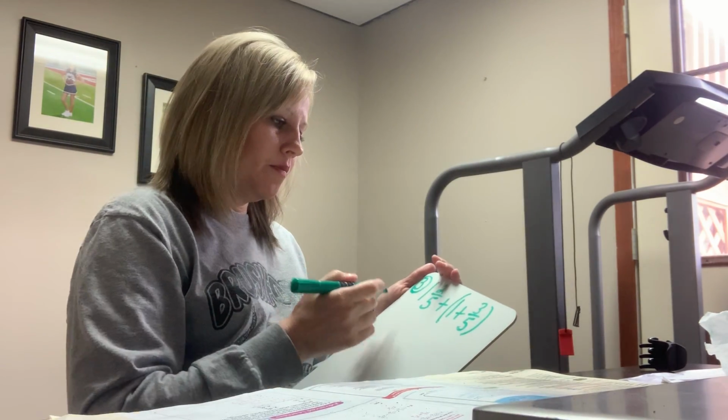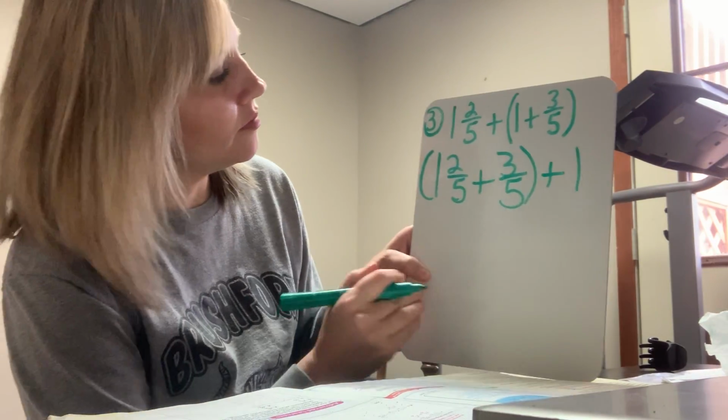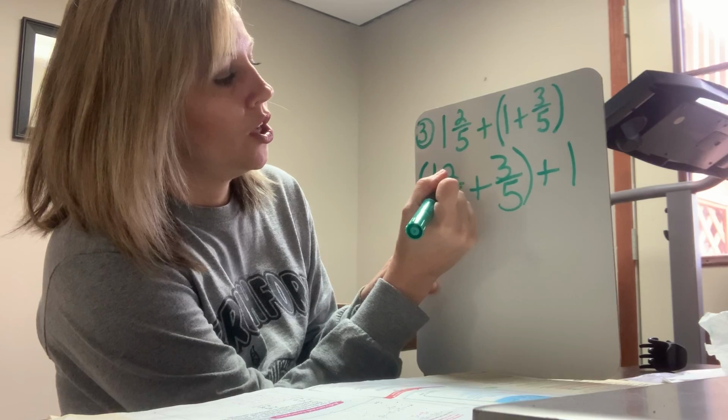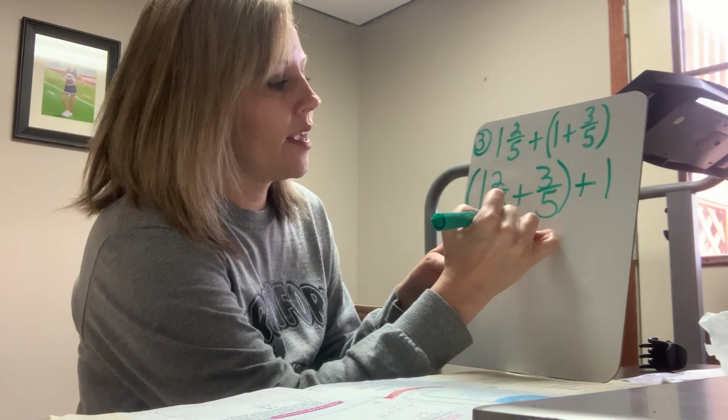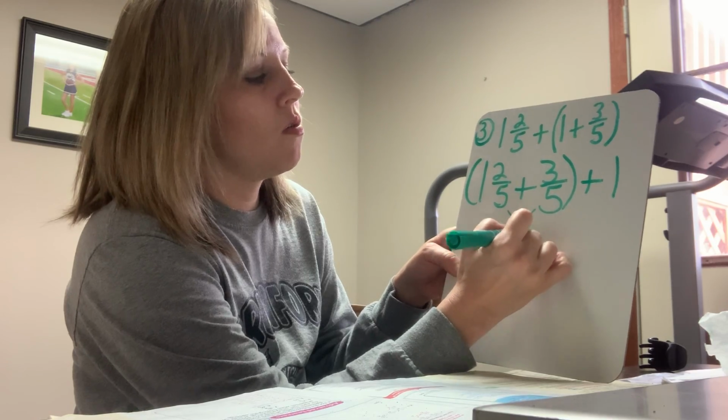So down here, I'm going to regroup, and I'm going to put 1 2/5 together with 3/5. Why? Because I know that gives me a whole. Then I'm going to add the 1 to it. Remember, 2/5 plus 3/5, that gives me what? 5/5, which equals a whole.